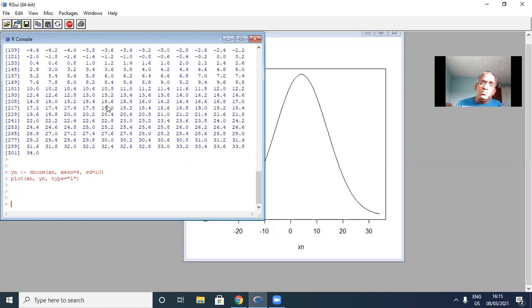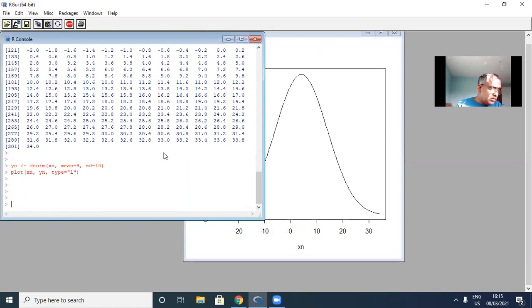Now, how do you compute the probabilities associated with the normal distribution? To do that, you use the command pnorm. Suppose you want to find the probability that x is less than or equal to 4 when x is normal with parameters 4 and 10 squared.